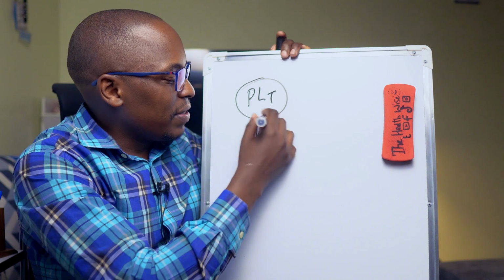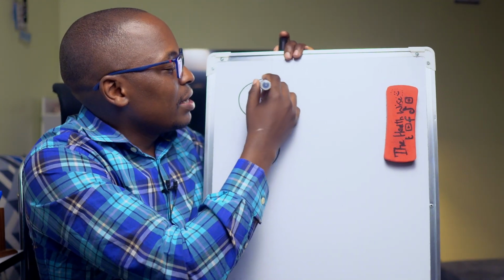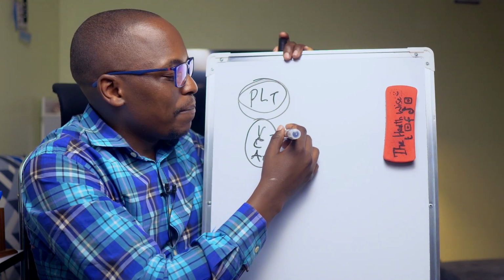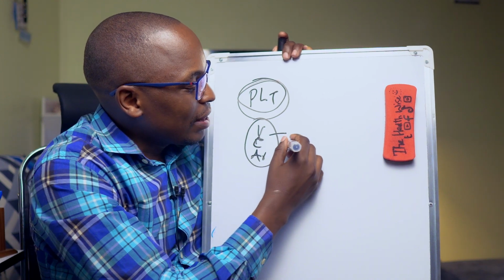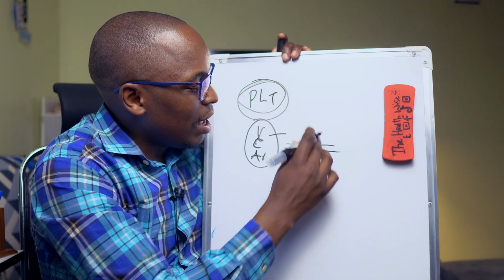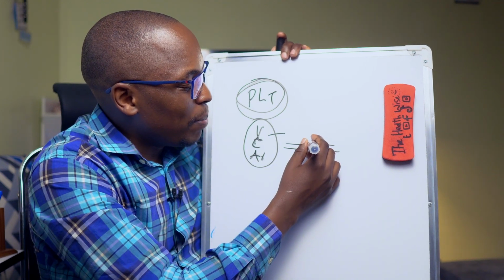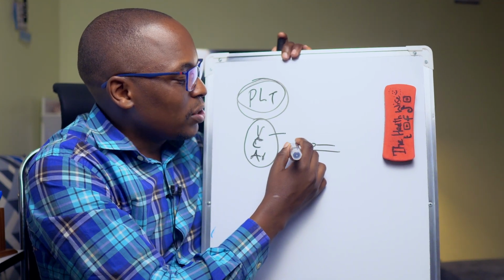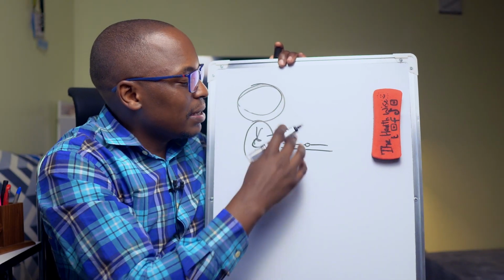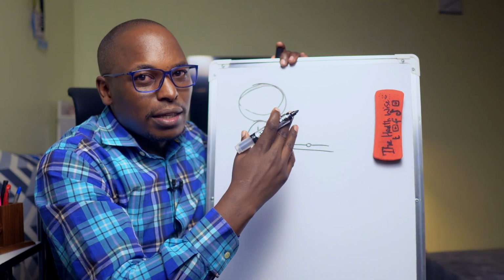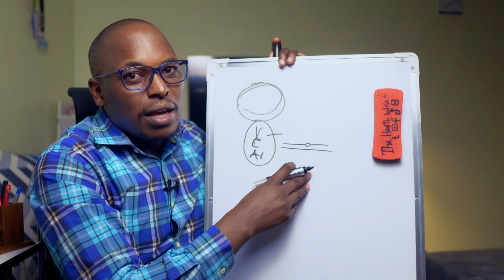In case any of this is injured, blood will start coming out, and when that happens, it's the work of the platelets and another system that we call the coagulation cascade to make sure that, maybe this was the vein and you had an injury there, it's the work of the platelets to initiate formation of a plug that will seal off this area so that you stop losing blood. So if you didn't have this system or you didn't have the platelets, you might end up bleeding so much and you lose a lot of your blood, and you might end up even dying.